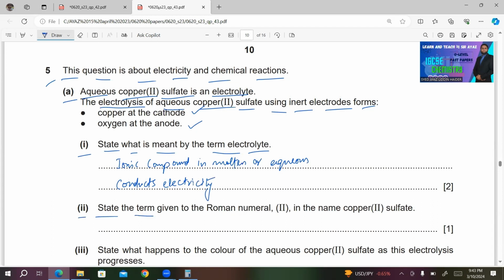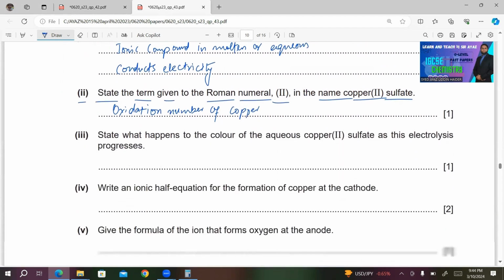Number 2, state the term given to the Roman numeral 2 in the name copper 2 sulfate. Its oxidation number. Of copper here. You have to mention because this number belongs to copper in this name.